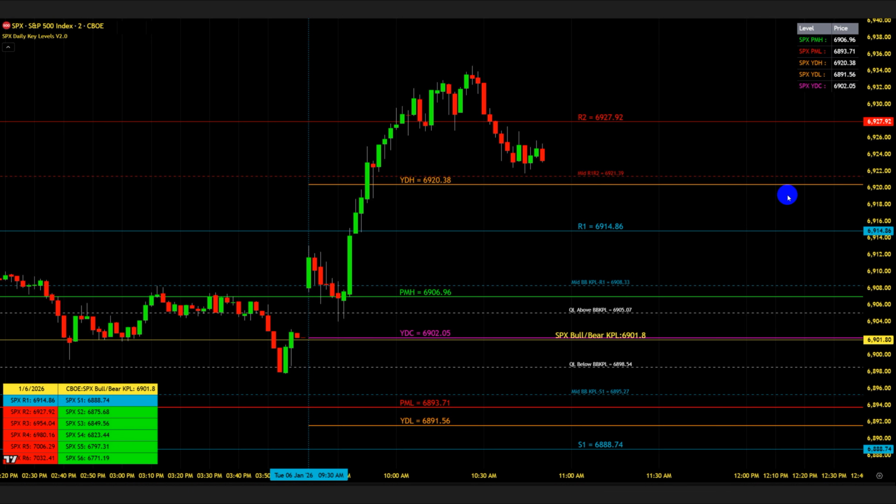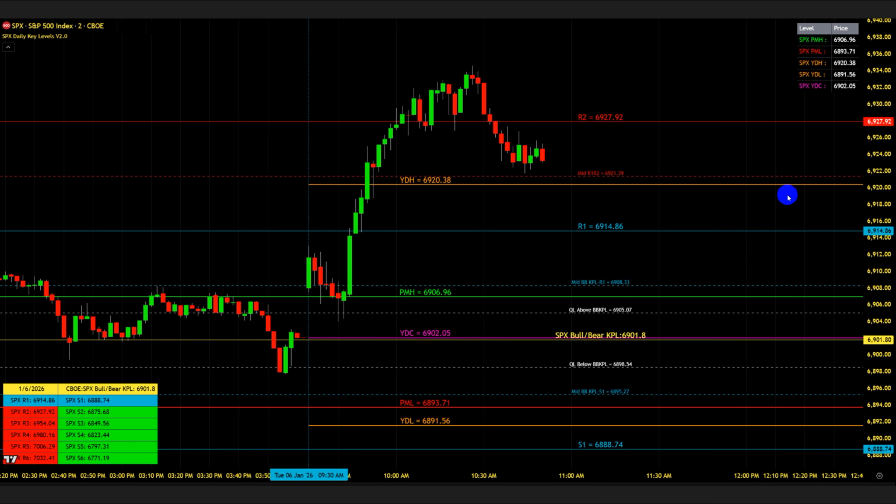So on TradingView, you would simply type in under symbol search SPX, and then you look for the SPX symbol under the CBOE exchange. So this is the official SPX index used for trading SPX index options, and this is the official SPX index that everyone follows.